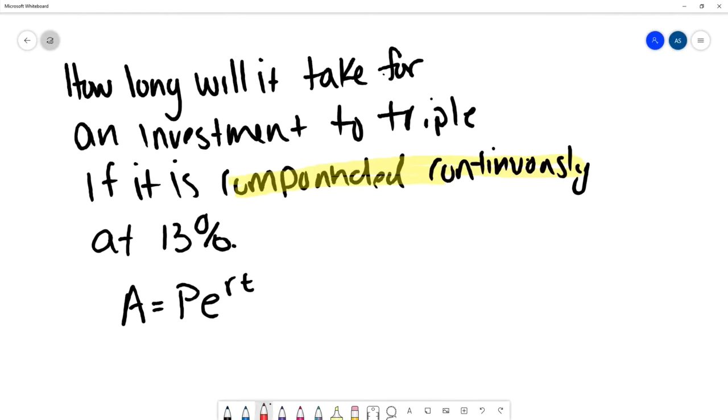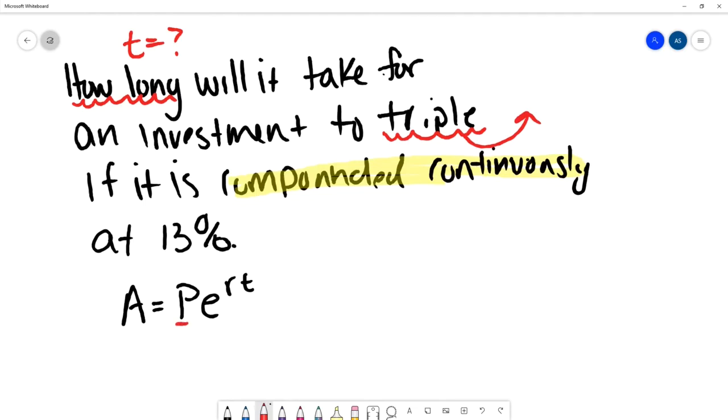The question's phrased how long, and that tells us that time is our missing variable. And it also mentions how long will it take for our money to triple.